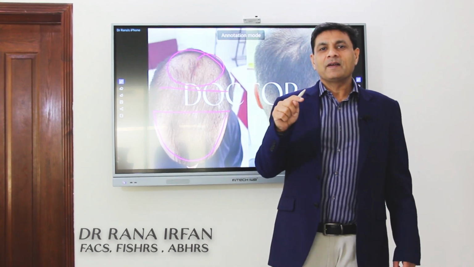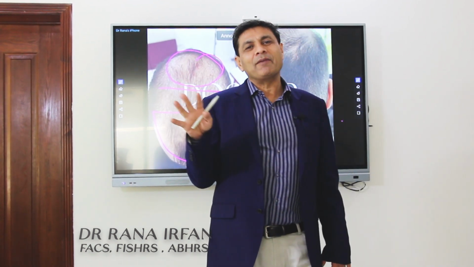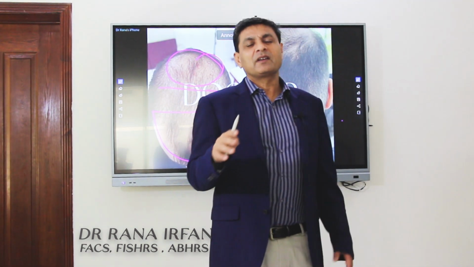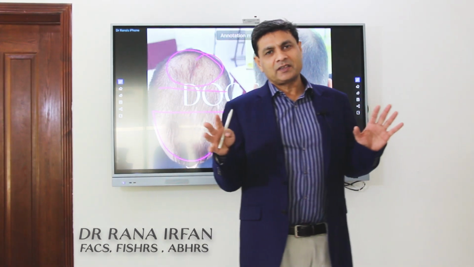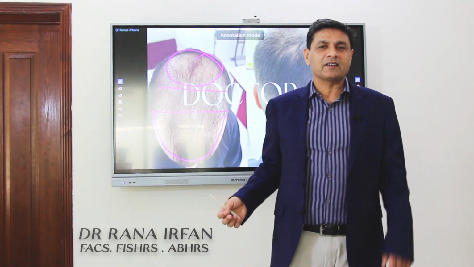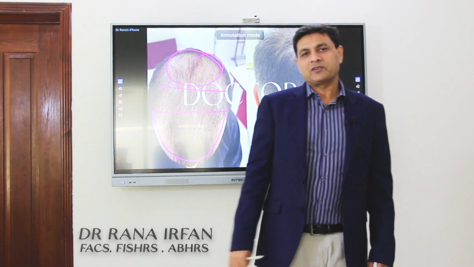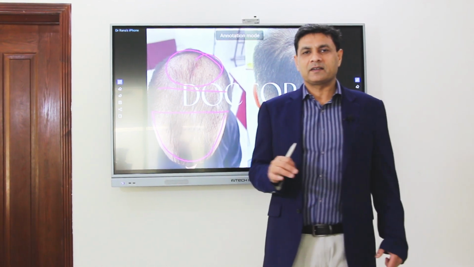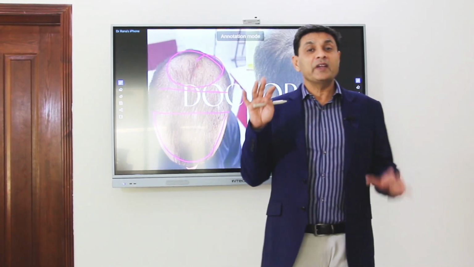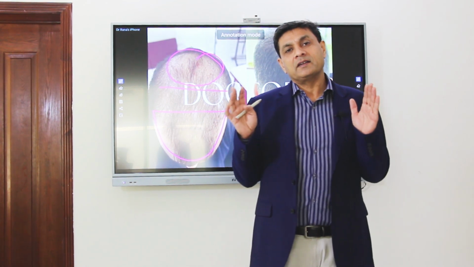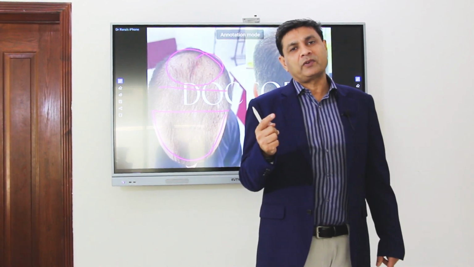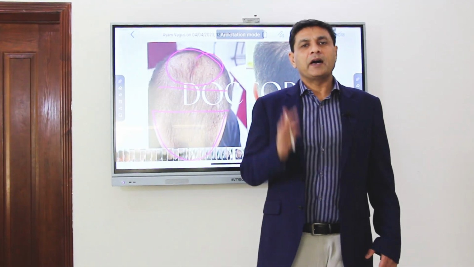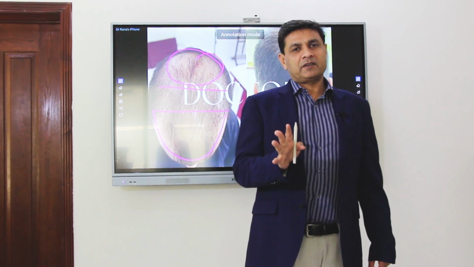If a patient on average has 90 follicular units per centimeter square, and I'm talking about Asians, Caucasians and even patients from the Afro-American side, then if we discuss the number of grafts per centimeter square, I will take on average 90 follicular units per centimeter square.